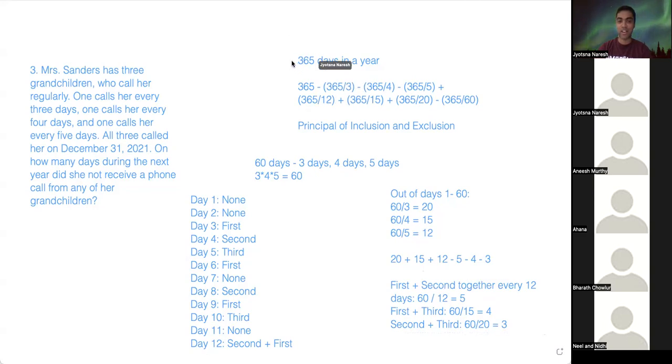Okay, so let's think about it. If there's a day where all three of them call, is it counted in this number? This is the number of times the first grandchild is called. Yes. Is it counted in the second grandchild's number of days calling? Yes. And here? Yes.